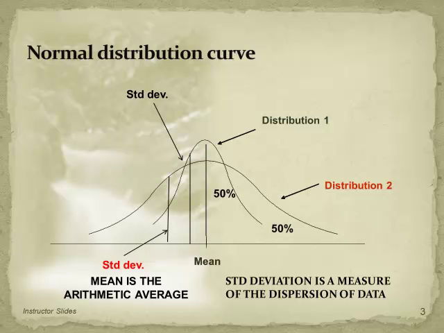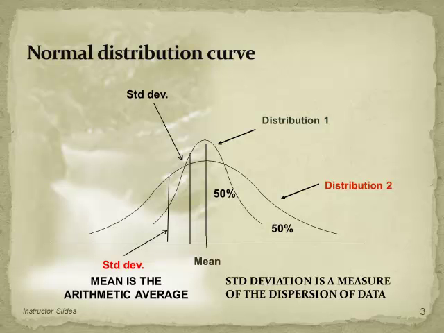Now, the normal distribution curve is perfectly symmetrical around the mean. It's perfectly symmetrical. So what that means is, of all the data, 50% of the data is going to reside from the mean all the way out to plus infinity.